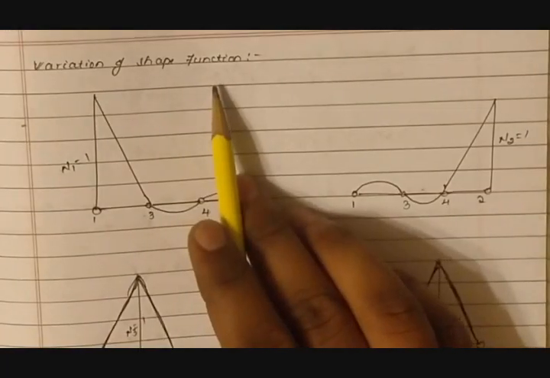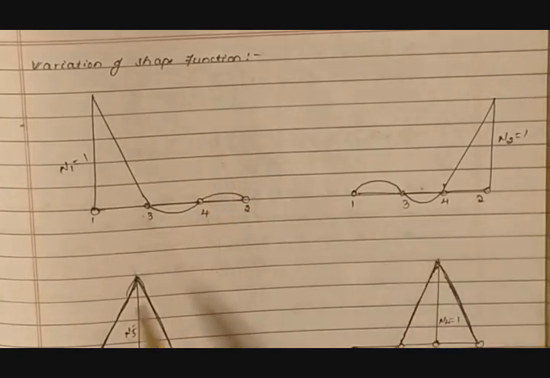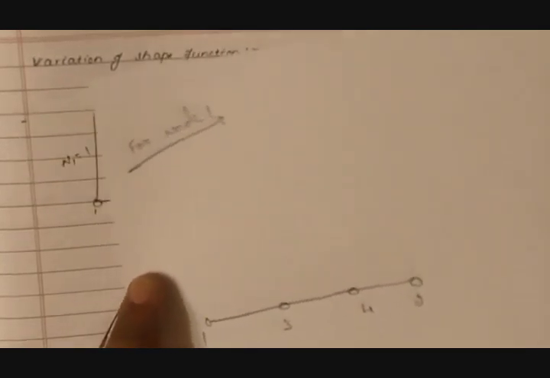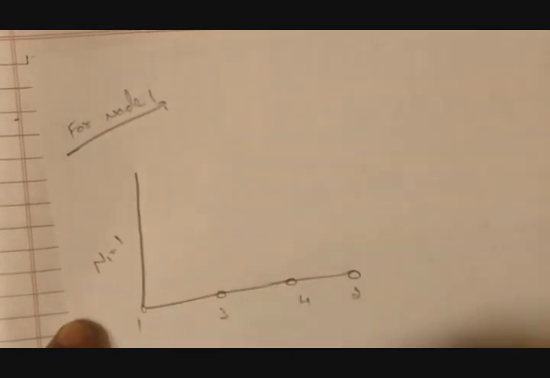So we'll understand the variation of the shape function for a 1D cubic element, that is a 4 noded bar element. Here we have 4 nodes, that is 1, 2, 3 and 4. According to the properties of the shape function, when you're writing for node 1, at node 1 it is maximum, that is N1 equals 1, and at all the other nodes it is 0.